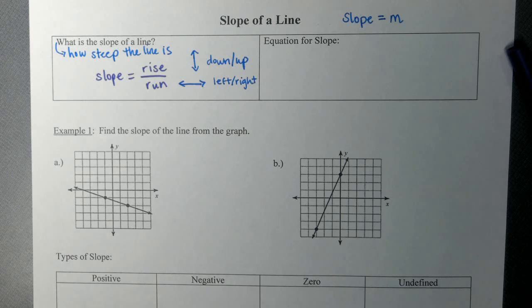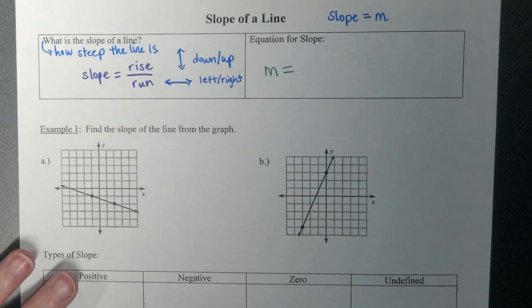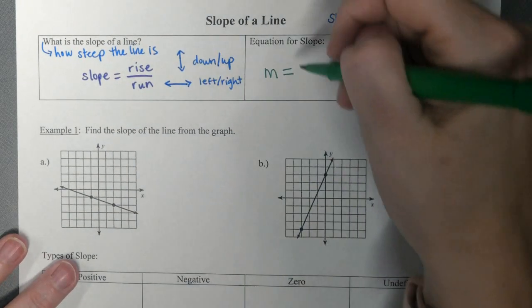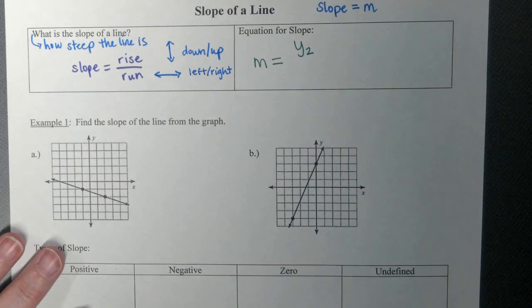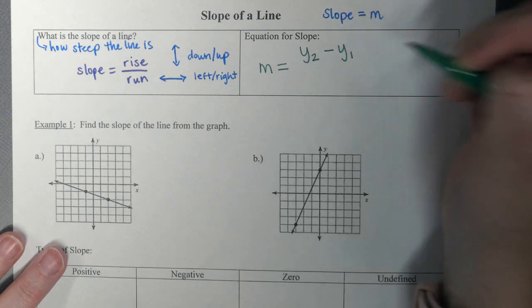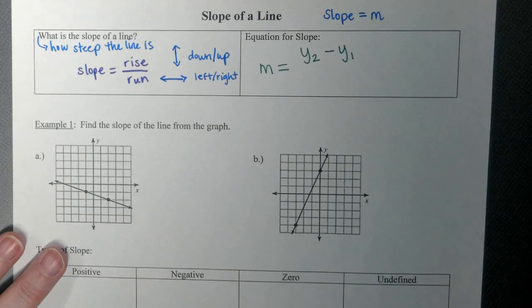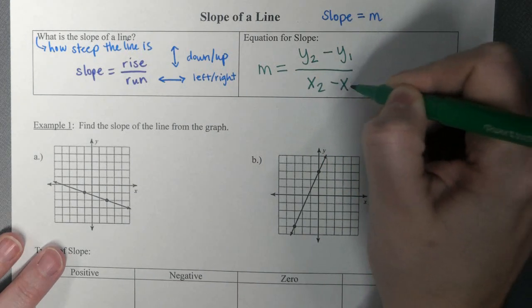Okay, now to find the equation of a slope, there is a formula that we use. So it's m equals y2 minus y1, and this is called y2, a y with a little 2 below, over x2 minus x1.